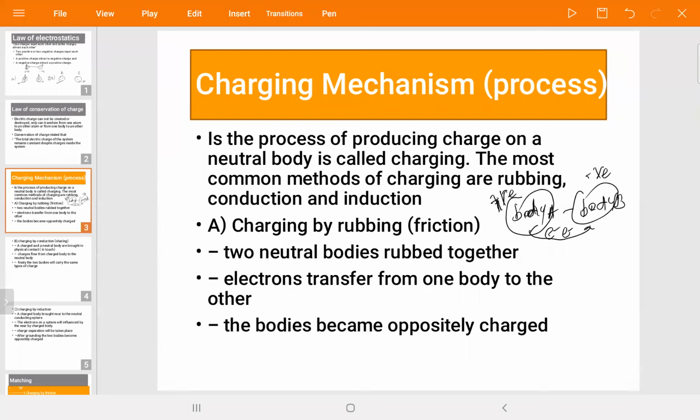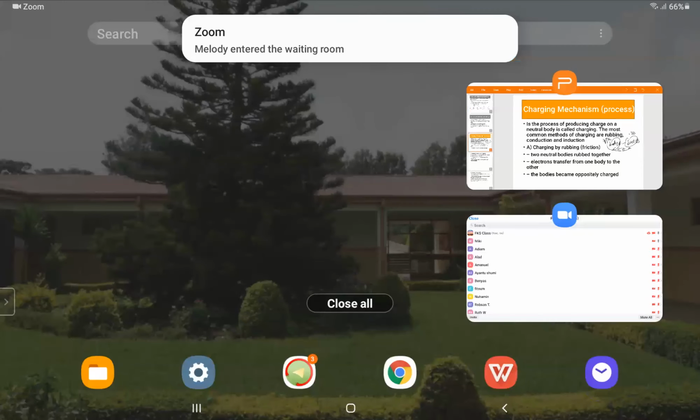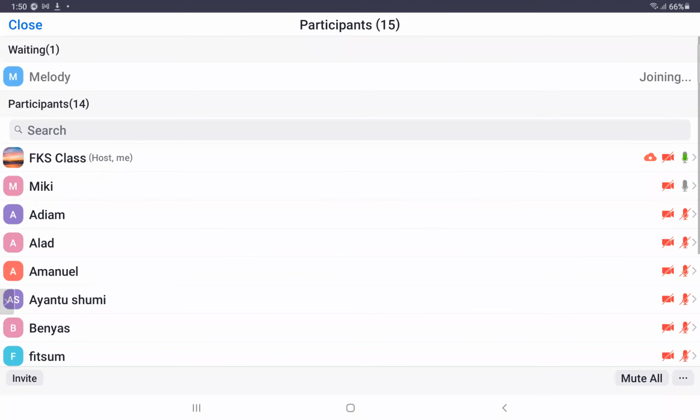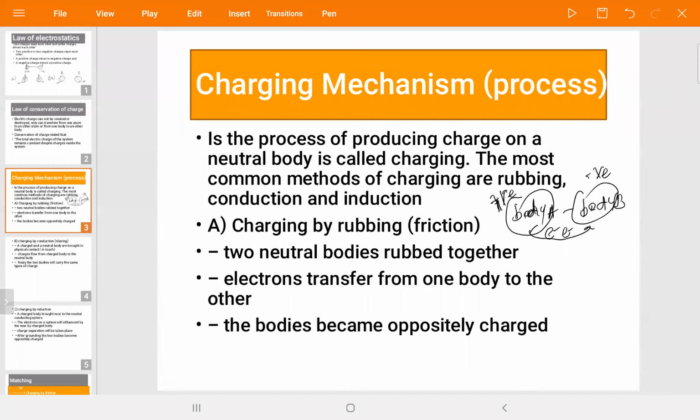And this process is called charging by rubbing or charging by friction. So we have to have two bodies, and the two bodies need to rub against each other. And when they are in friction, then electrons will transfer from one body to another body.